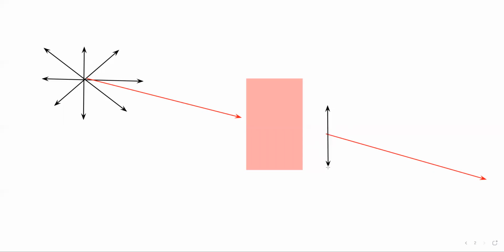Example, it allowed the vertical one. So this changes unpolarized light to polarized light when we use a polarizing filter or polarizer, we call this effect polarization.